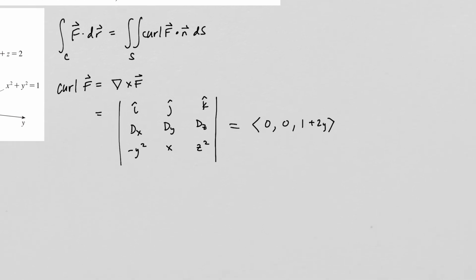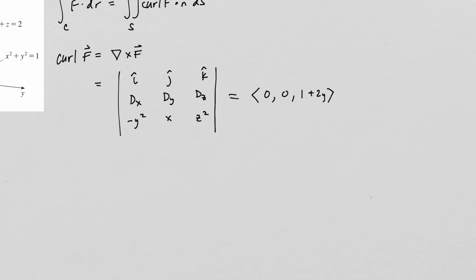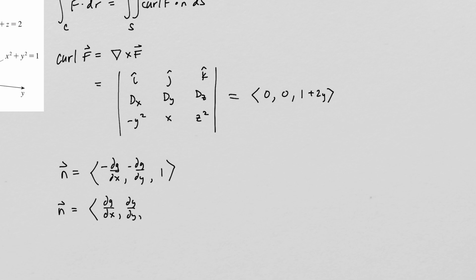Now for the normal vector, remember we have a couple of options for that. So our normal vector is going to be negative partial derivative of g with respect to x, negative partial derivative of g with respect to y, comma 1. Or if you do it implicitly, it will simply be partial g, partial x, partial g, partial y, partial g, partial z.